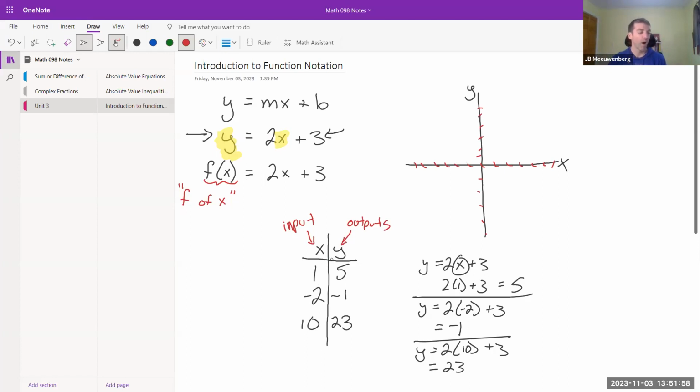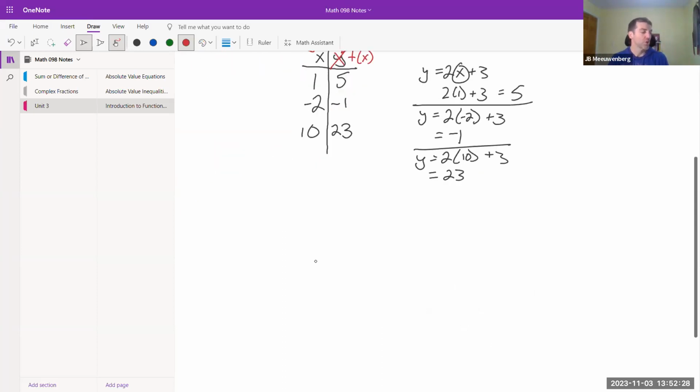Instead of y, we are now thinking about it and saying it as f of x. The name of the function is f. x is going to be the input. So whatever number I put in here, it's going to tell me the value of the function at that input value. It's going to tell me what the y value is. That's what function notation is.